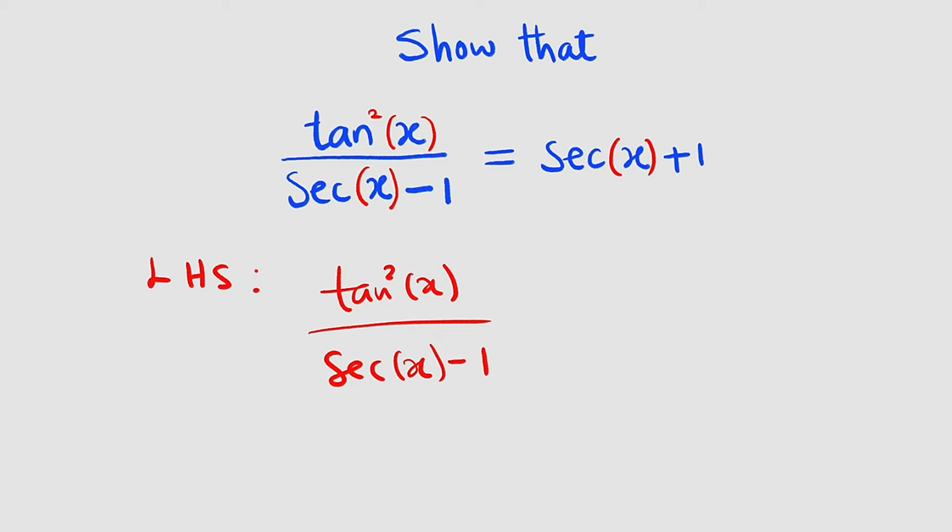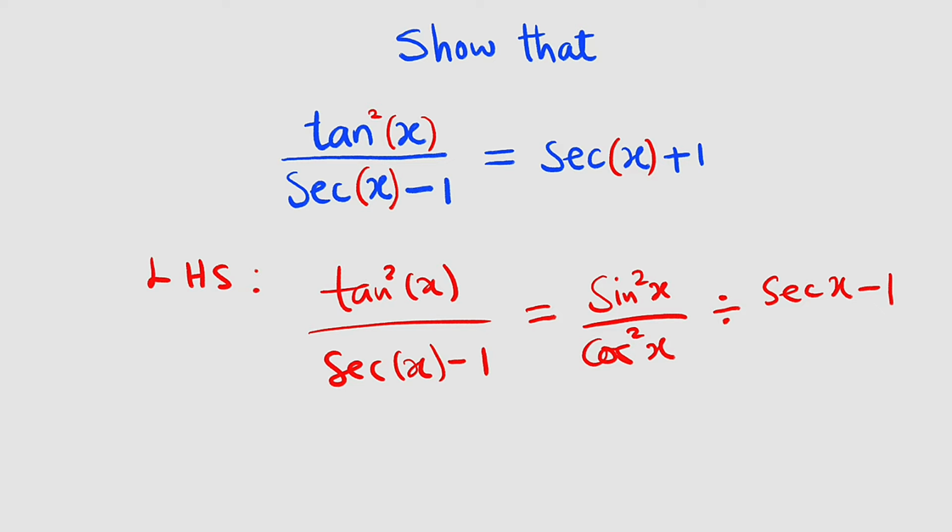We all know that tan squared x can be expressed as sine squared x divided by cosine squared x, right? So we can write this as sine squared x divided by cosine squared x, divided by secant x minus 1.